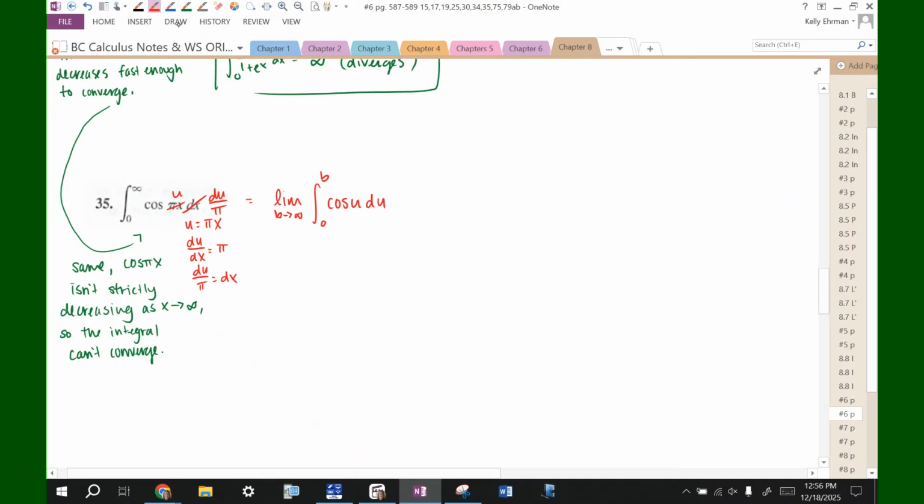Oops, I forgot my constant. I need to slip in a little 1 over pi because it was du over pi. That equals the limit as b approaches infinity of 1 over pi of what? The integral of cosine is sine. Instead of u, I'm going to put my pi x back in there, and I'm going from 0 to b.